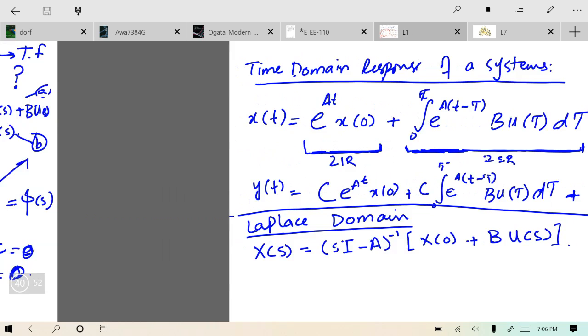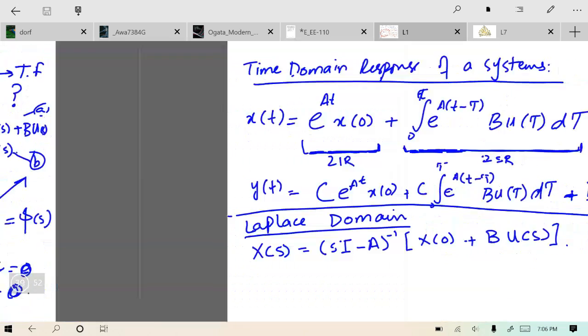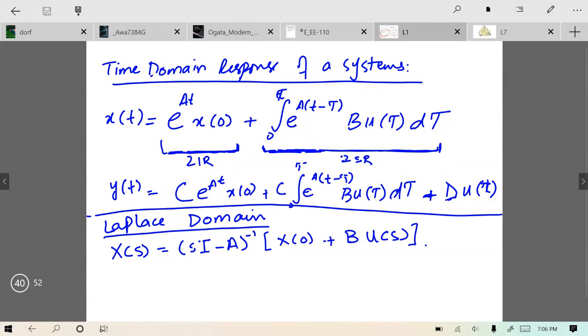Now if you see, this x of s was phi of s b u of s, but due to initial conditions this factor will appear over here.